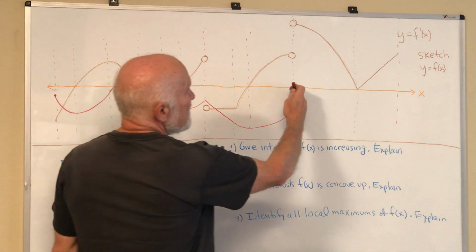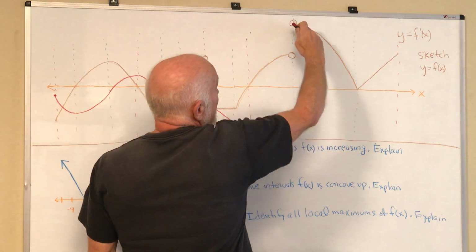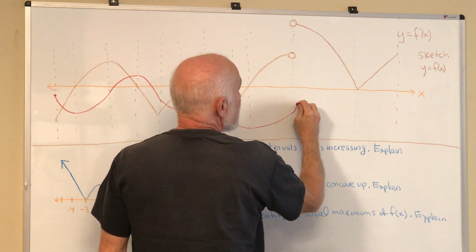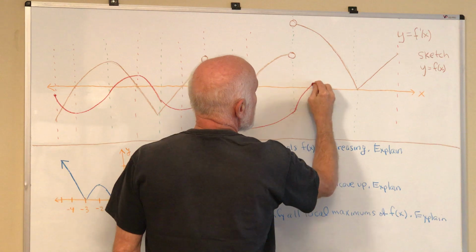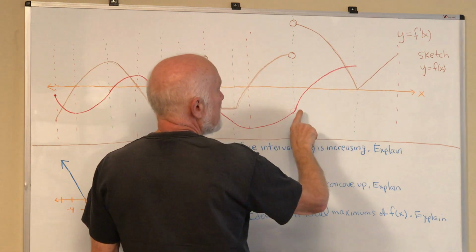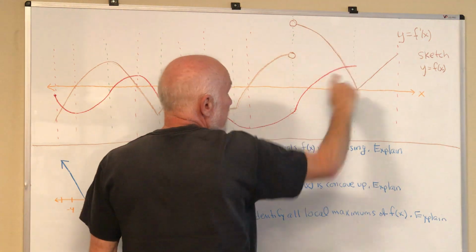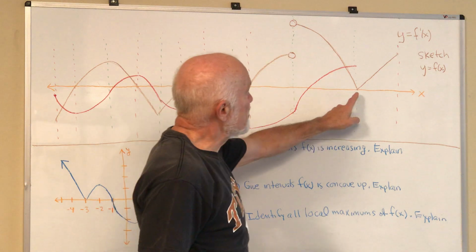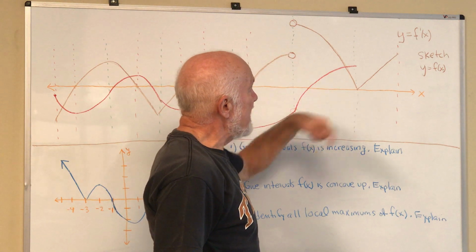Now, what happens in this whole section, the derivative is decreasing, so I start out at that higher slope, but I'm going to go until I get to a slope of 0. Right? I'm concave down because the derivative is decreasing. Now I get to a 0 derivative, but guess what?